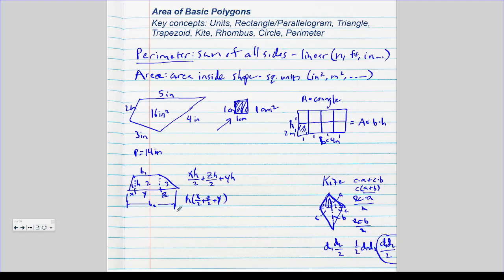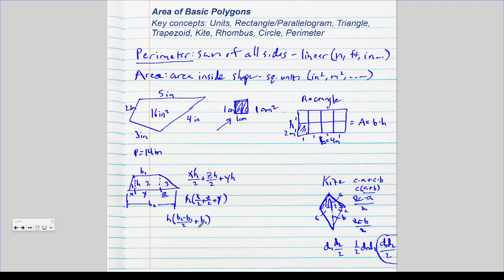So let's rewrite this. We have h, and then x plus z is b2 minus b1 over 2, and then plus y, which is just b1.